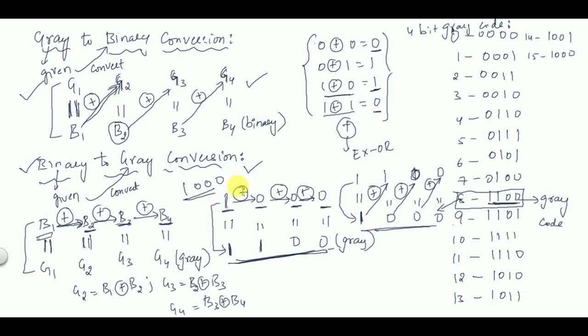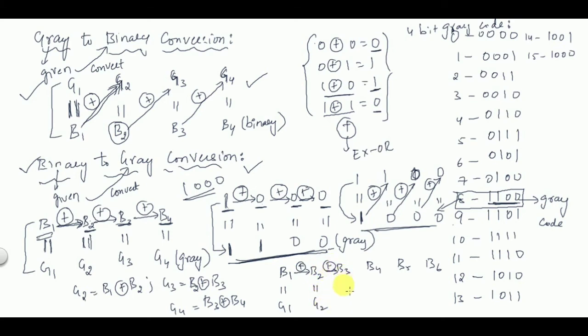You can extend this to any number of bits. Suppose you have 6 bits in binary: B1, B2, B3, B4, B5 and B6. Correspondingly you'll get 6 gray code bits. B1 is equal to G1. XOR these two and you get G2.